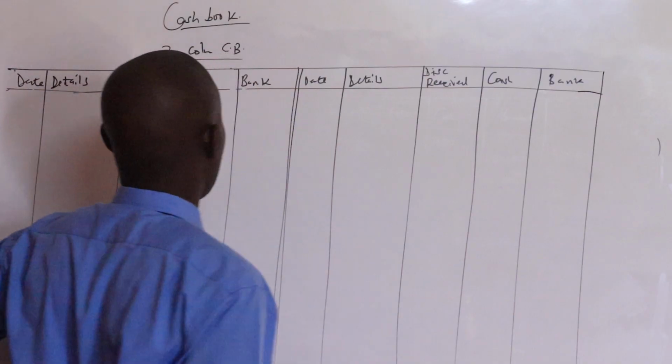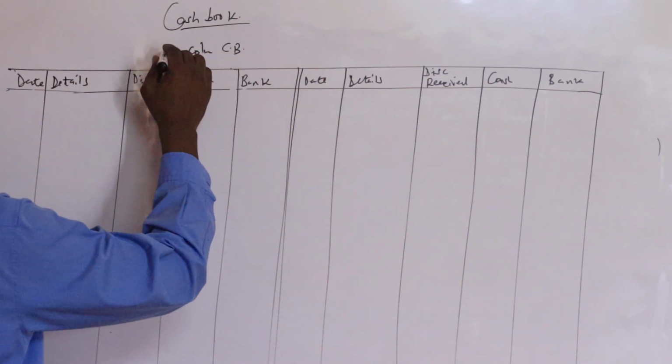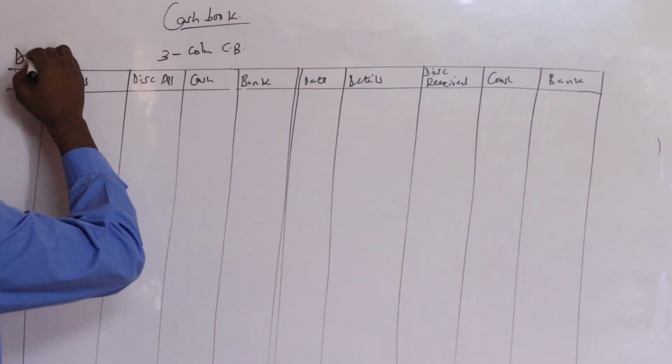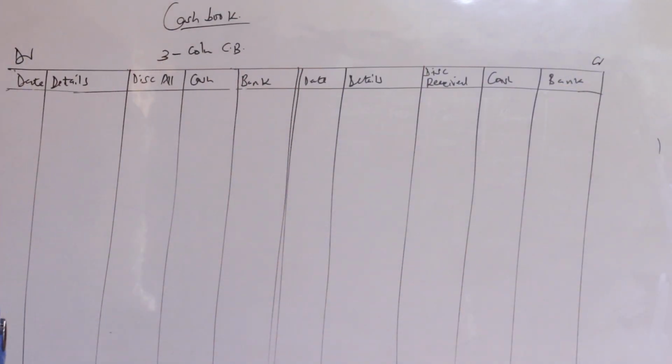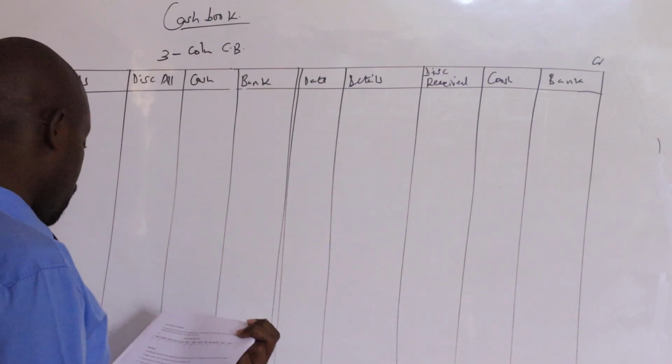This is the format of our 3-column cash book. So this is the debit side, the credit side. Get to know that. I have a question I want us to attempt. Also shall be featured in your notes on the LMS.